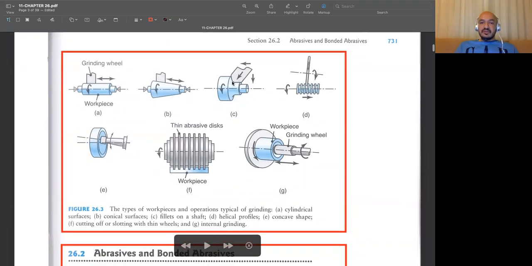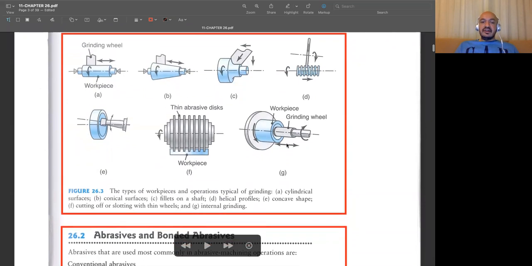We can produce such fillets, and even threads can be obtained with the help of grinding processes. Then we can work on the interior surface of some cylindrical shapes. We can open many grooves at a time, and do other internal grinding operations. So these are some types of grinding or abrasive machining operations we are going to discuss in this chapter.